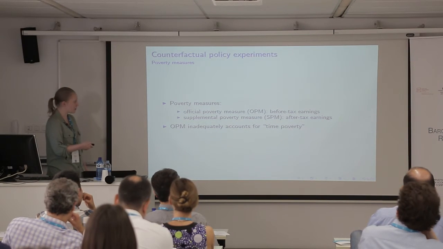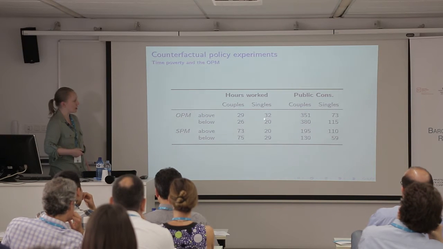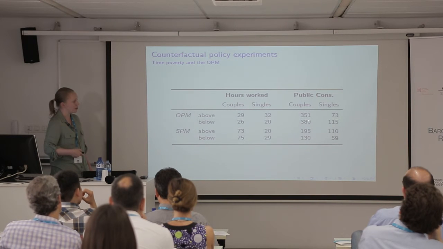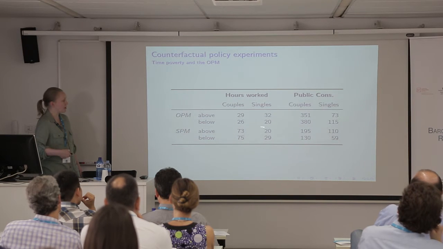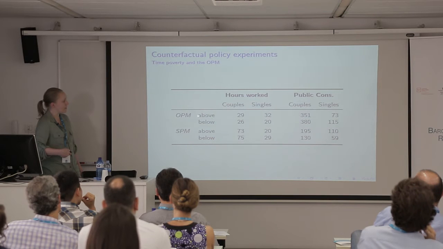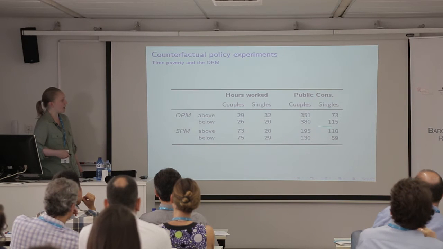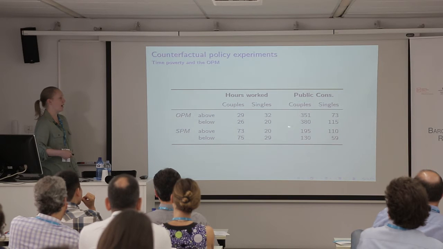When I compare these measures and look at number of hours worked, especially for singles, and production of the public good, you can see that for the official poverty measure, people just above the threshold work a lot more than people below the threshold, and as a result they have less household production. So in terms of consumption, they're actually worse off.